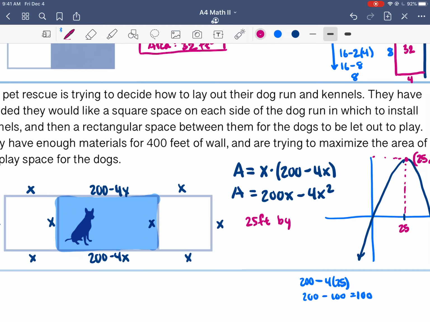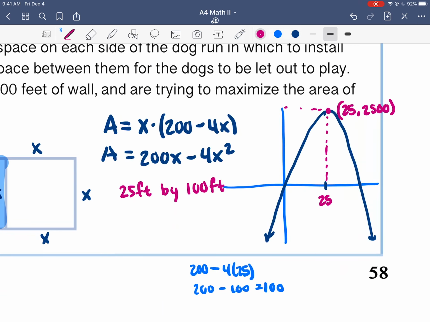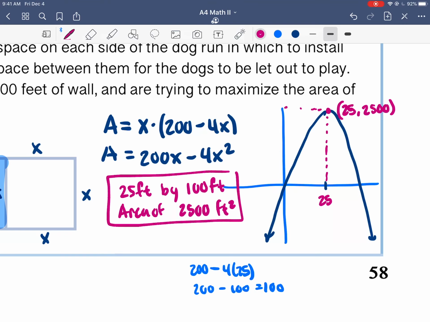So the other side of our dog run is going to be 100 feet, which we can also tell because the area is 2,500. What times 25 makes 2,500? Well, 100, right? So 25 feet by 100 feet gives us an area of 2,500 square feet. And that's the optimal area possible in this specific situation with the restrictions, right?